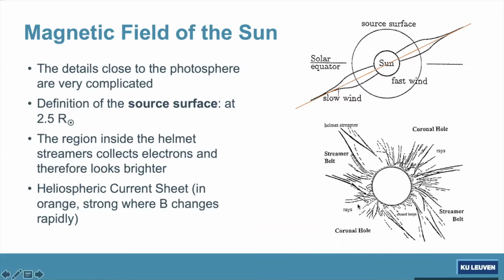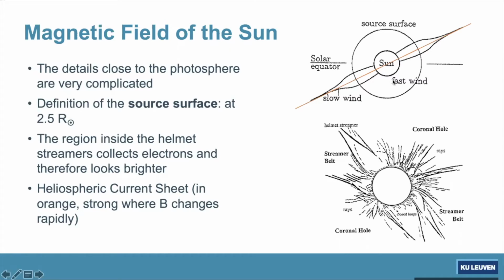Below instead is what you see when it's active solar period. Right now we are in a quiet solar period, so the sun looks like this. But a few years ago, it was during the active period, and the sun will look more like this. So there are Helmet streamers all over the place, sometimes even near the equator, and the coronal holes can be even at the equatorial region. So it's a complete mess.